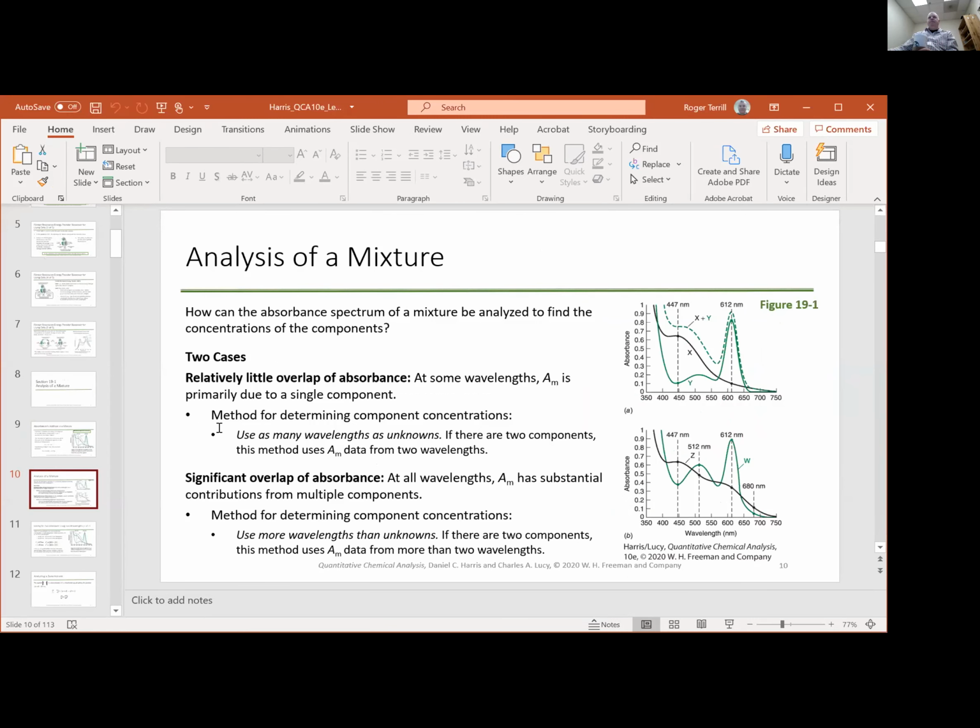So when you do this, it comes down to N equations, N unknowns. And so we need to use as many wavelengths as we have unknowns, right? And for two components, we need two wavelengths, right?